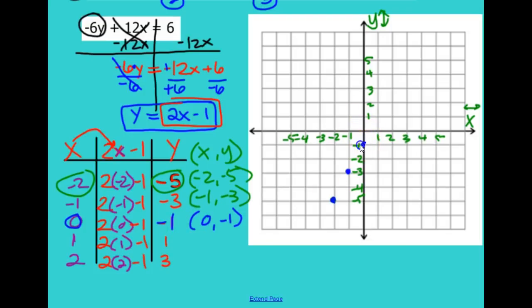Negative 1 on our y-axis is down 1. Last two we have 1, 1. So x is 1 to the right and y is up 1. And then 2, 3. x is 2 to the right and y is up 3. And those should form a nice straight line. Remember, we're in linear algebra. It's forming a nice straight line.